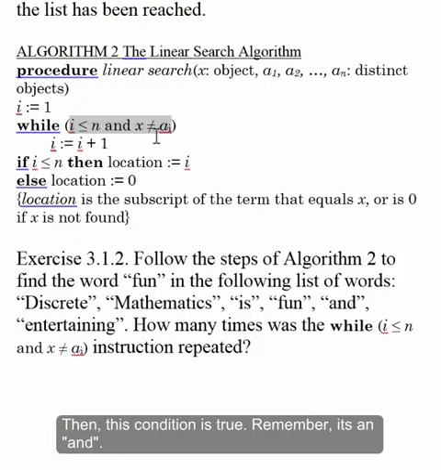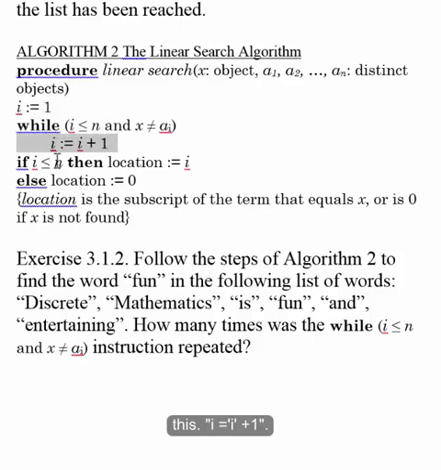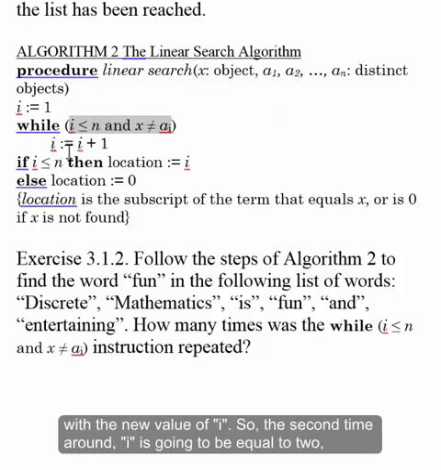Then this condition is true. Remember, it's an AND. And since the condition is true, then you execute this: I is equal to I plus 1. So that means that you come back here and then reevaluate that expression with the new value of I.